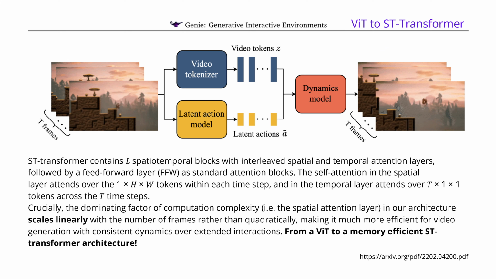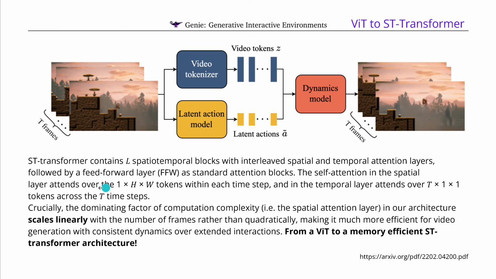Because it is faster to compute, it is more memory efficient, and it is also really good for the task at hand. If you want to know what an ST transformer is, it contains a number of spatial-temporal blocks with some interleaved spatial and temporal attention layers. So self-attention, beautiful multi-head self-attention, followed again, as in the vision transformer, by a feed-forward layer as standard attention blocks.